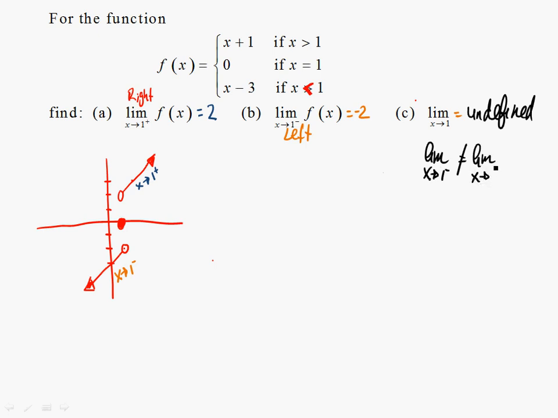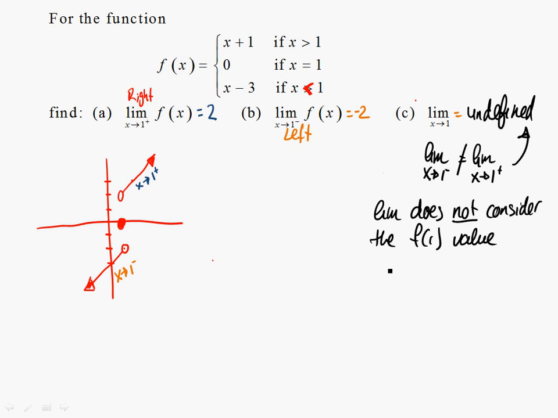You are still thinking about what is the actual value at 1. So the left limit is not the right limit. That's why it's undefined. So the limit does not consider the f(1) value that we have. Does that make sense?